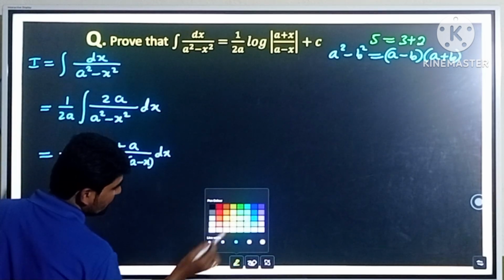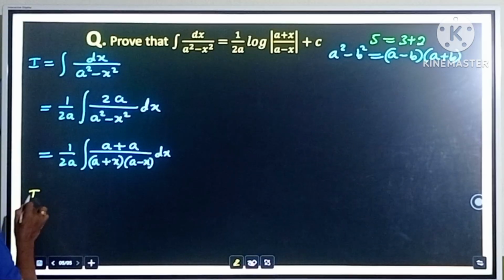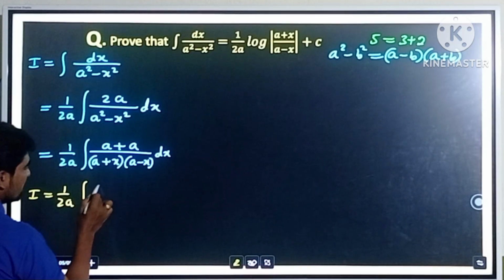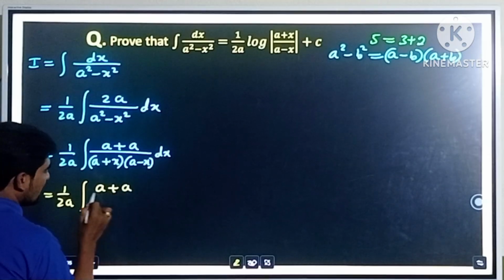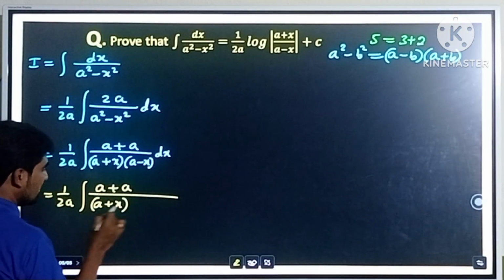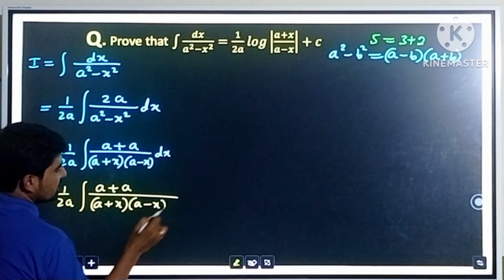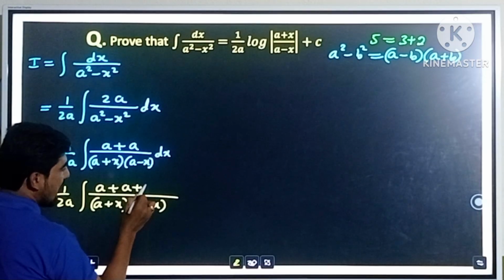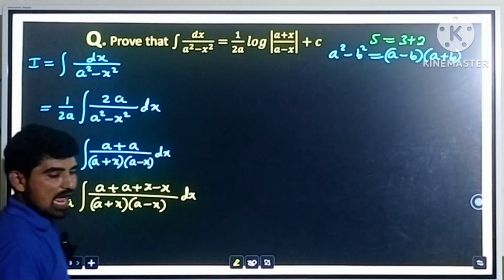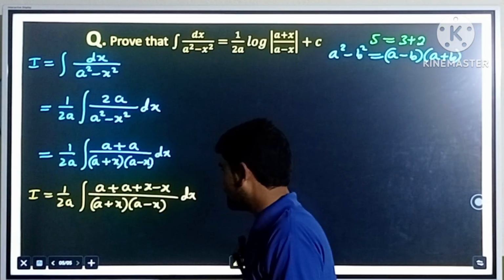And then see here what I am doing: I is equal to 1 by 2a into integration of a plus a divided by, as it is, a plus x into a minus x, and for the numerator, add and subtract x.